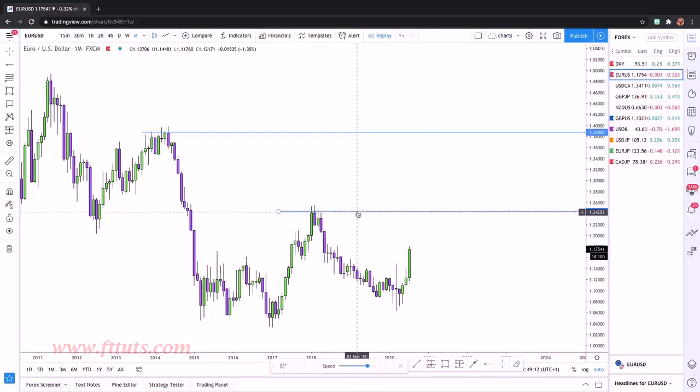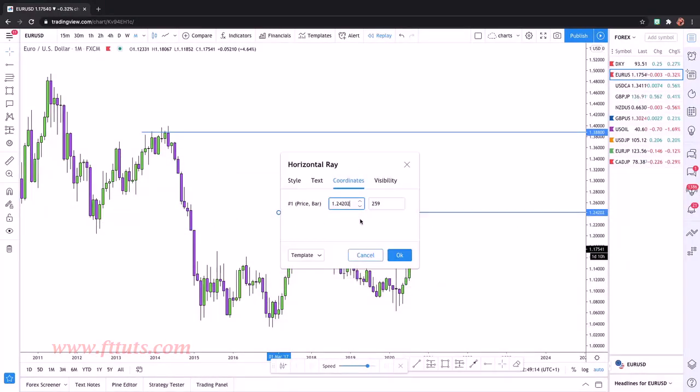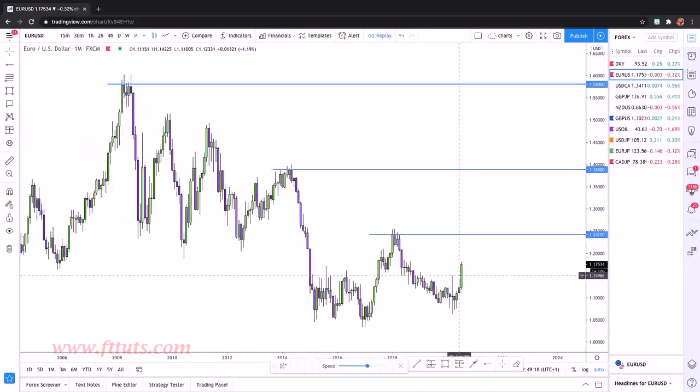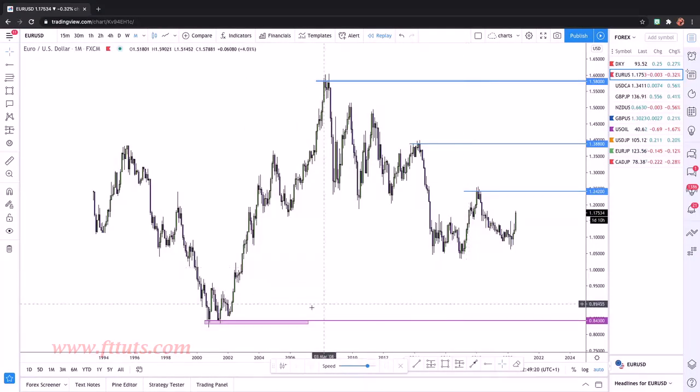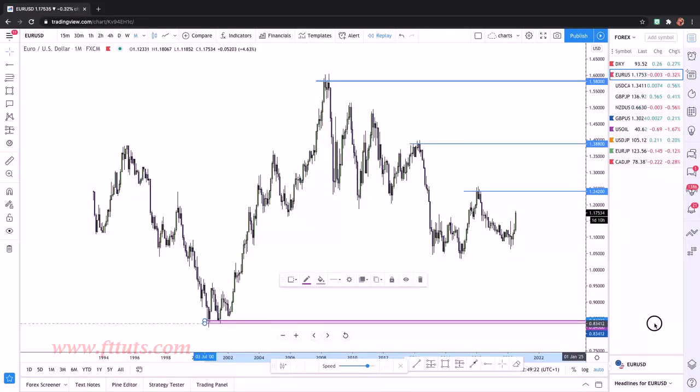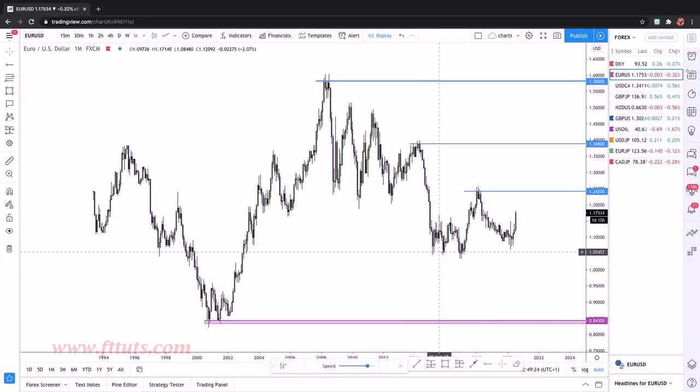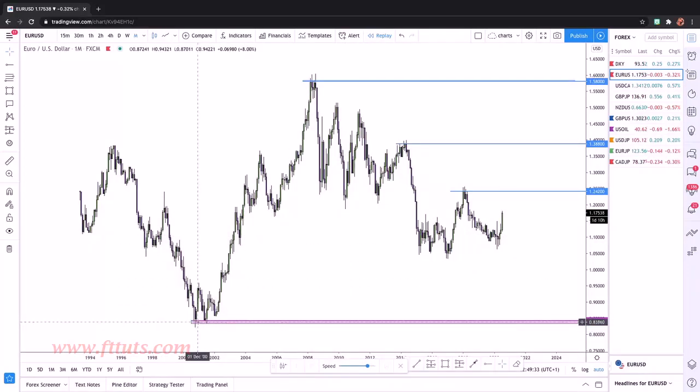Let's bring this a little closer. Again, guys, this is on the monthly. Okay, so these are the most major ones on the monthly time frame. Yes, we have support here, we have support here, we have a rejection here, and so on, but these are the most obvious ones that we can see. So that's how you draw out these key zones, and you always want to make sure you round them.